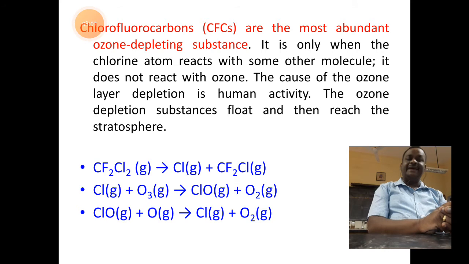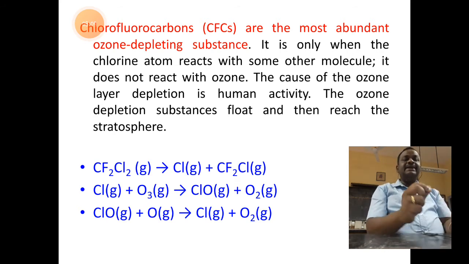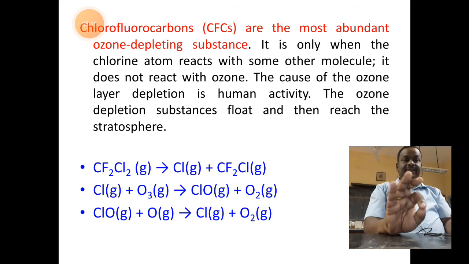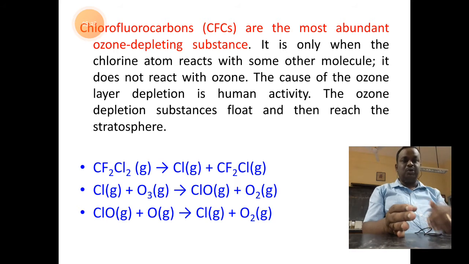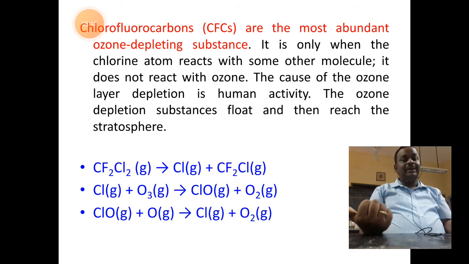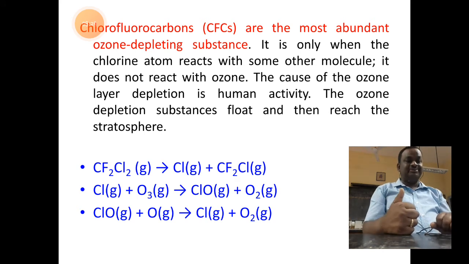This is also a gas. This nascent chlorine atom, that is Cl, will readily react with ozone, that is O3 gas, and breaks O3 into ClO gas and an oxygen molecule. So the breakdown of ozone takes place here by the chlorine atoms.